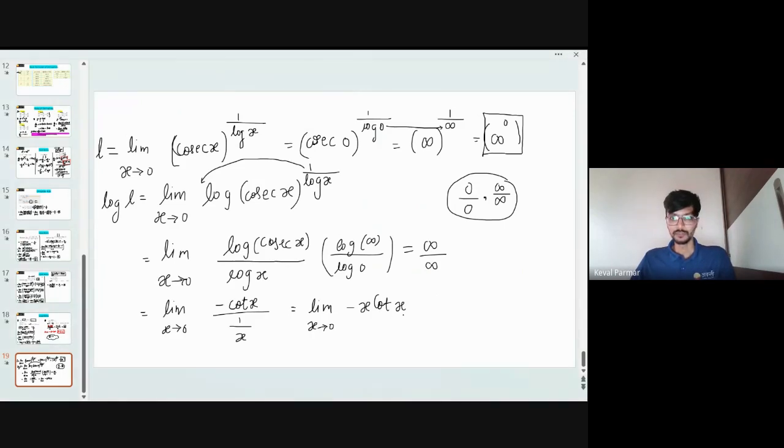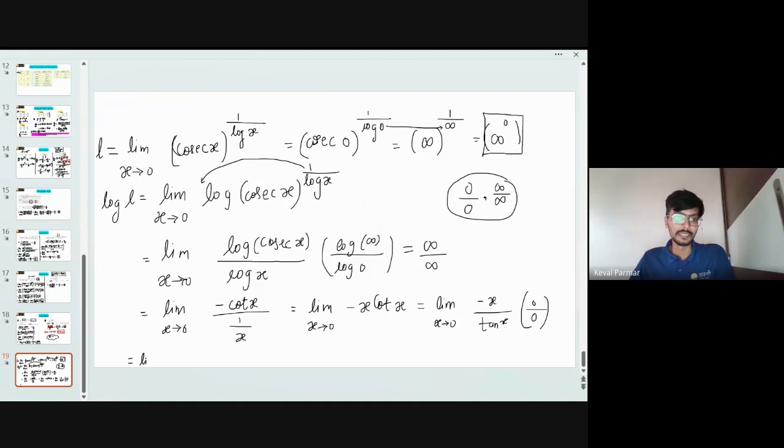Let us convert into tan x, since we are not familiar with cot x. So we'll get limit of minus x upon tan x. Again it is 0 upon 0 format. If it is 0 upon 0 format, we need to differentiate again.